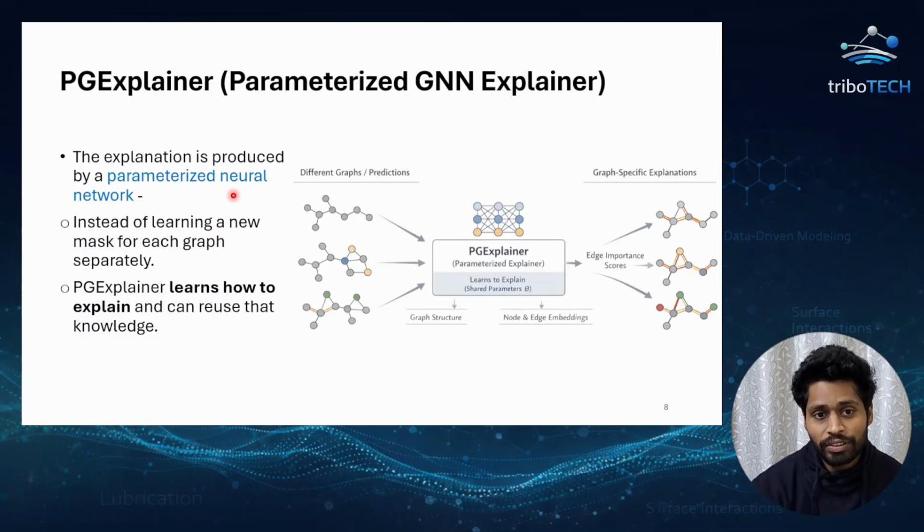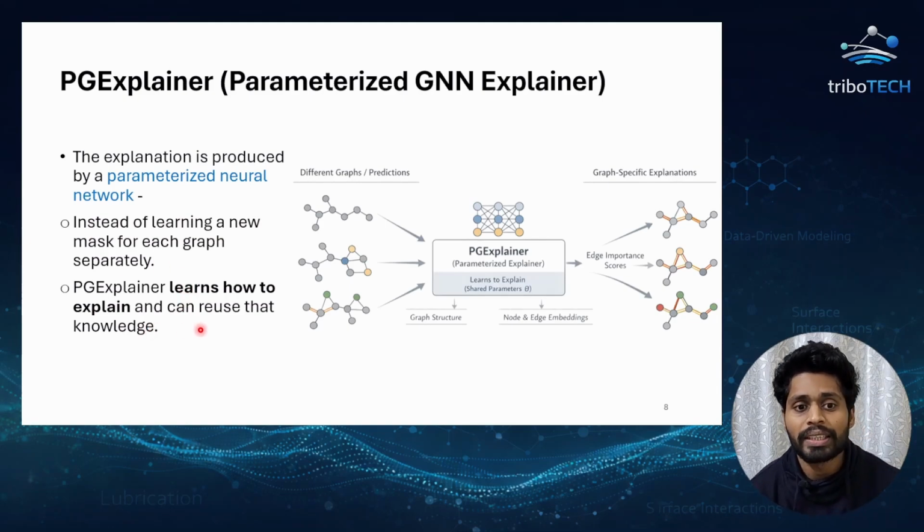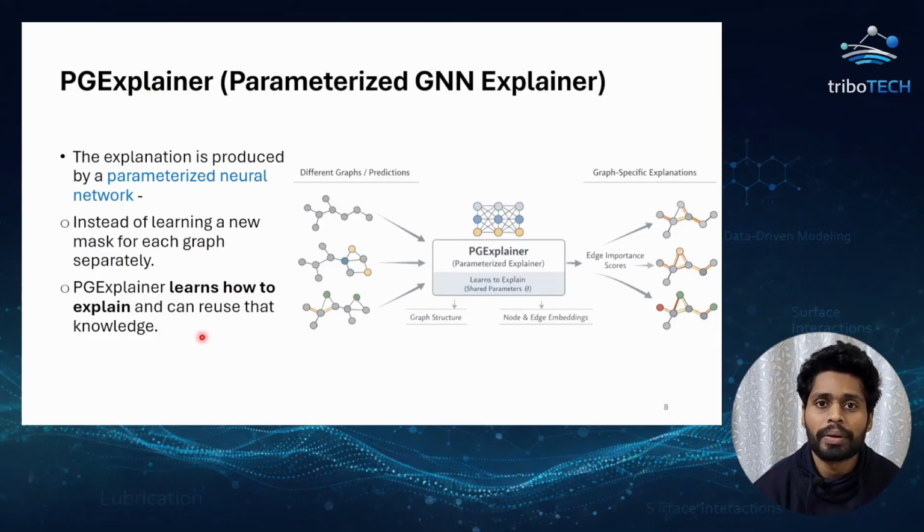Instead of learning a new mask for each graph separately, which was the case in GNN Explainer, in PGExplainer we learn how to explain using a neural network, and we can use that knowledge to explain all the graphs in your training pipeline.